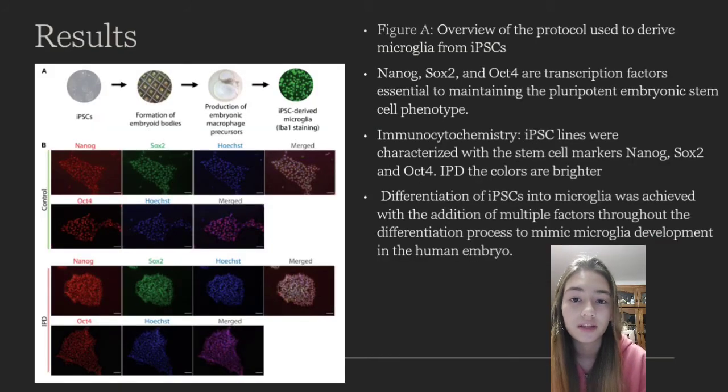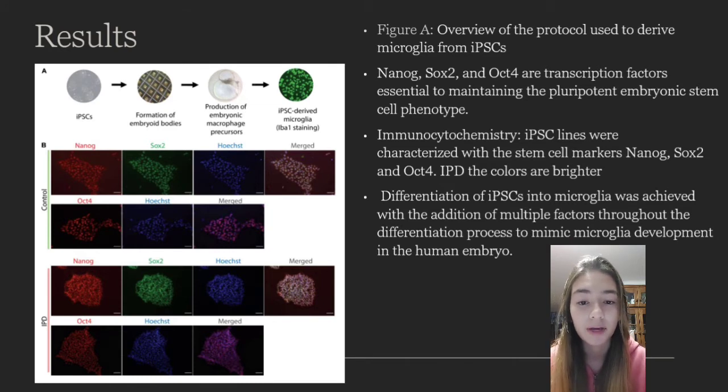In figure A, we can see an overview of the protocol used to derive microglia from iPSCs. And in figure B, we can see some markers like NANOG, SOX2, and OCT4. These are transcription factors essential to maintaining the pluripotent embryonic stem cell phenotype.